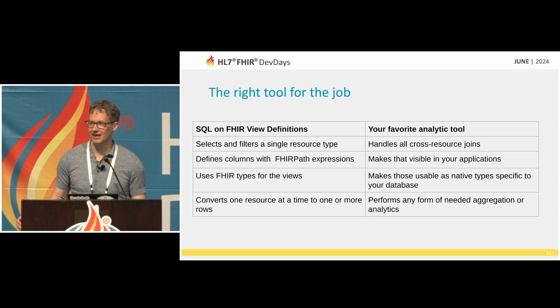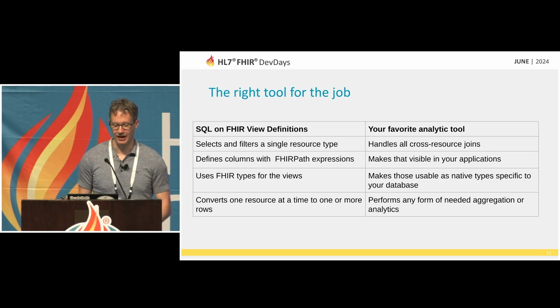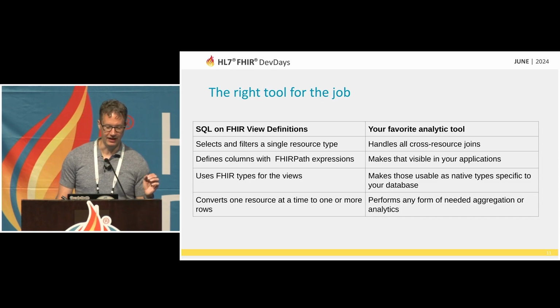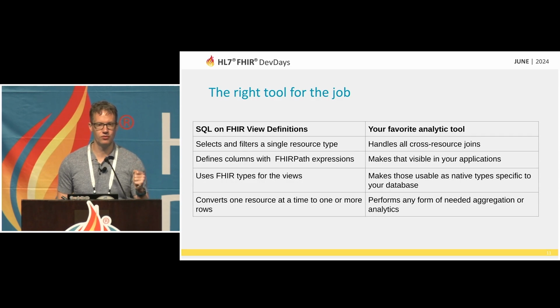It boils down to just using the right tool for the job. For example, we intentionally chose that a view over a FHIR resource selects a single FHIR resource and expands that to zero or more rows, because it can filter things out. It does not attempt to join across resources or do any form of data aggregation whatsoever.